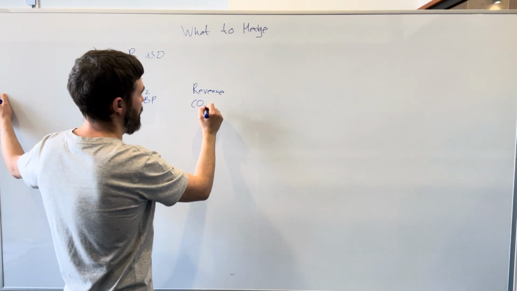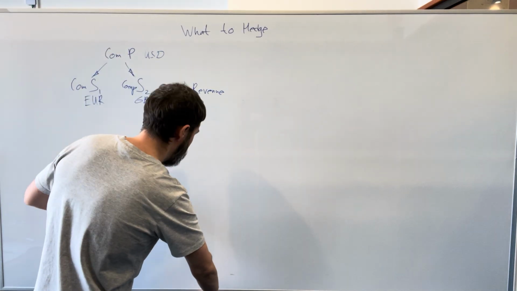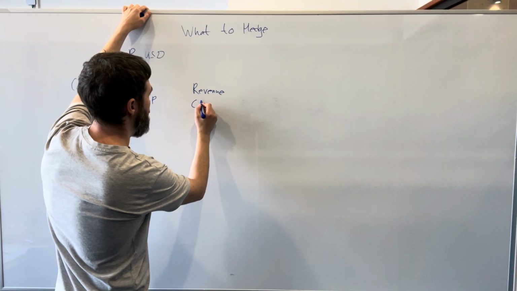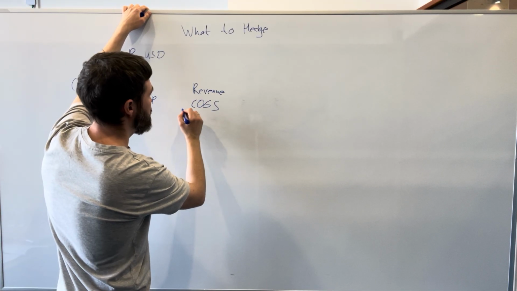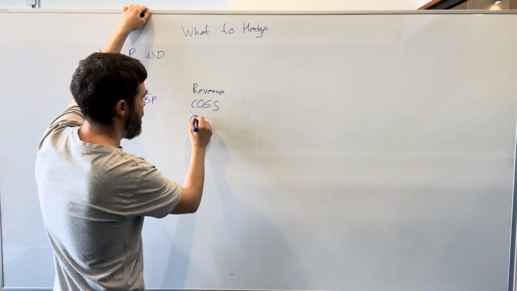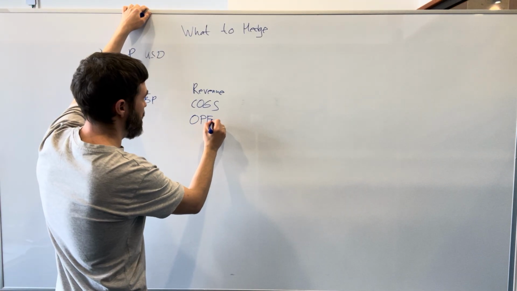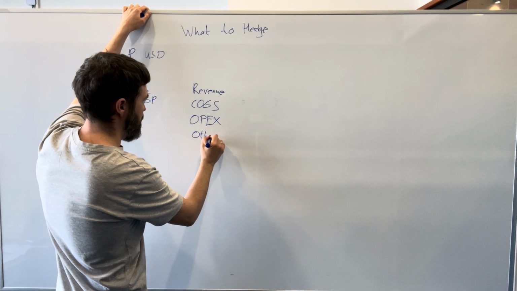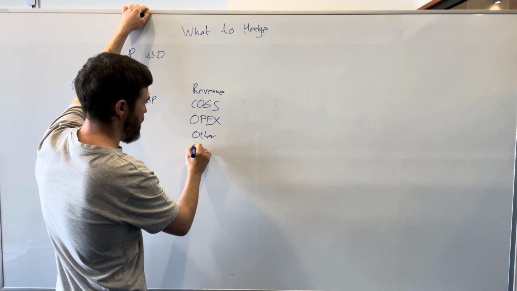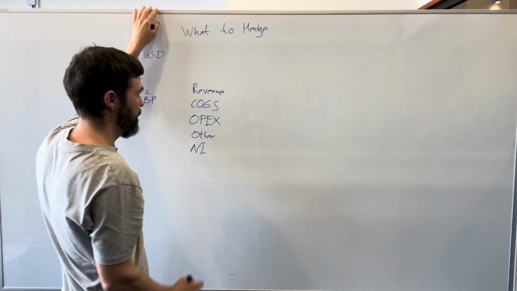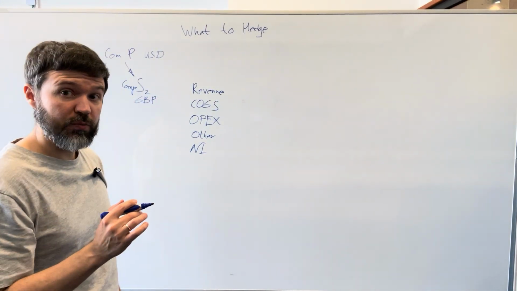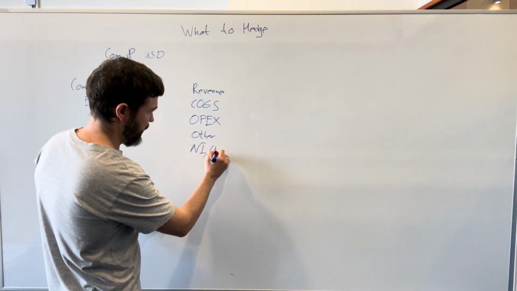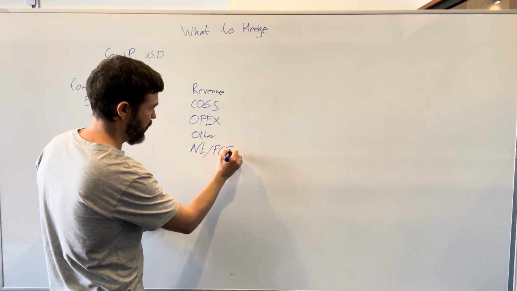Cost of goods sold, operating expenses, other, and net income. And as we assume it's simple, it's also free cash flow. Free cash flow here.